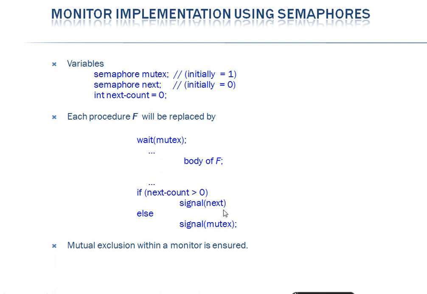Next is again a semaphore, so the signal operation will be carried out over the next semaphore. If this is not the situation, then the signal operation is carried out over the mutex semaphore. This ensures mutual exclusion within a monitor.